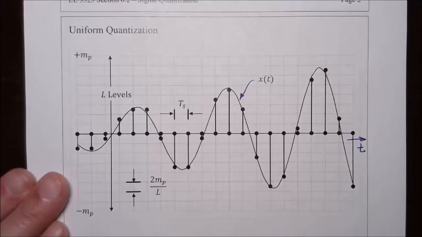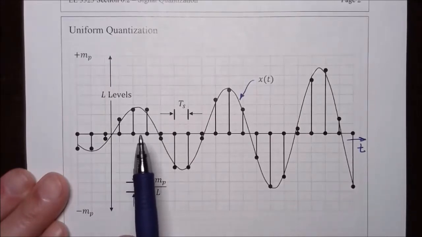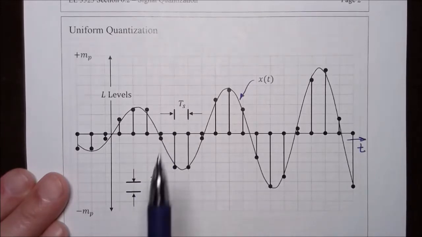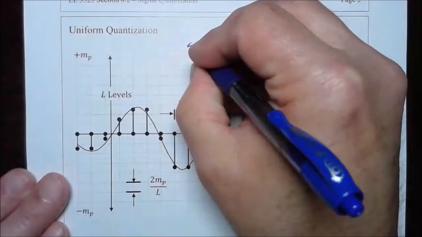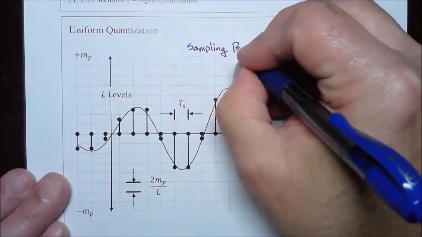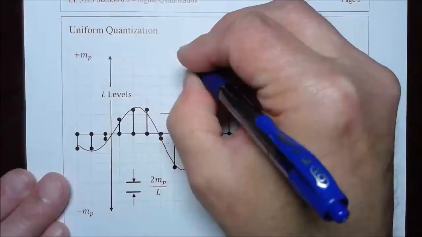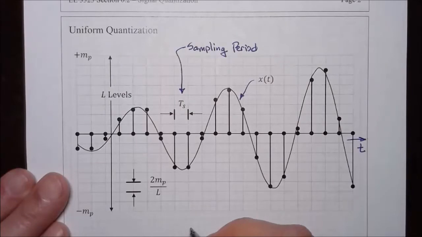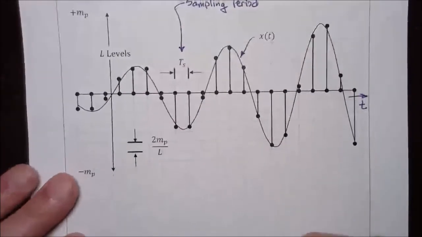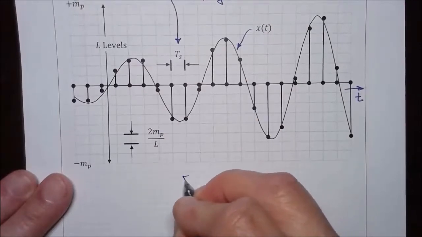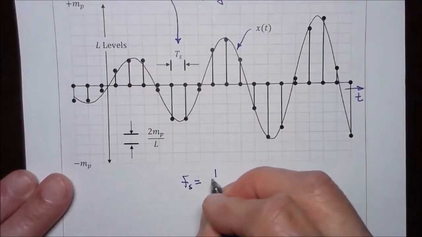This is time, and the signal is sampled periodically with sampling period T sub s. So this is the sampling period. The sampling period is the reciprocal of the sampling frequency.